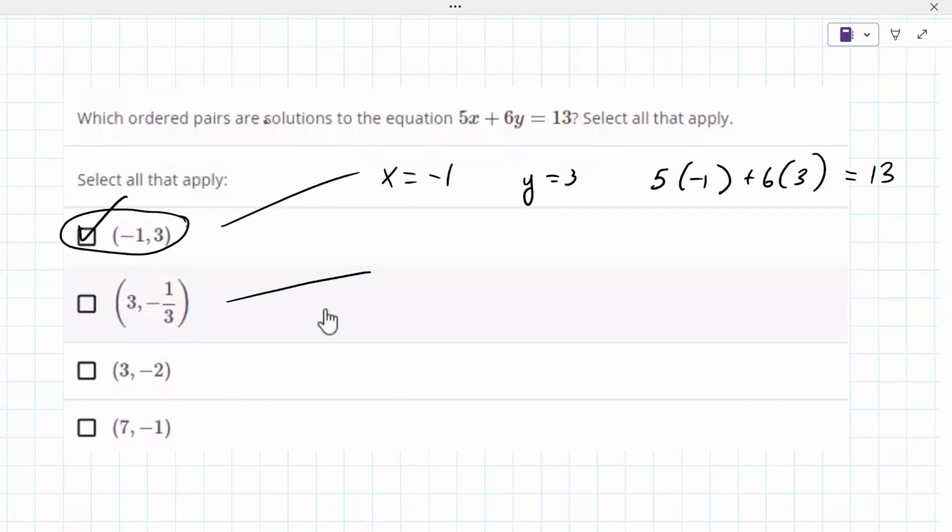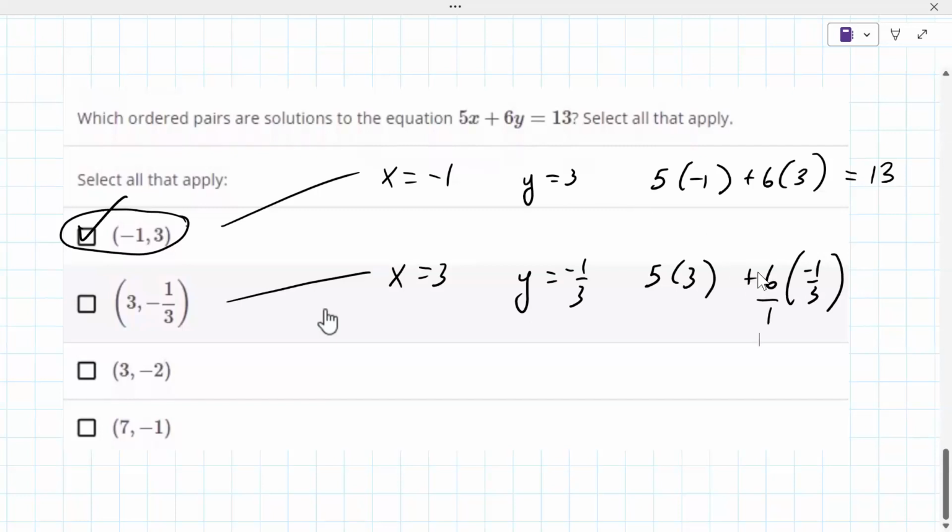The next one is x equals 3, y equals -1/3. So 5 times 3 plus 6 times -1/3. The fraction here might be the most difficult. Do you remember how to multiply fractions? No, I don't. Okay, so you multiply the top numbers, 6 times -1. What does that become? -6.